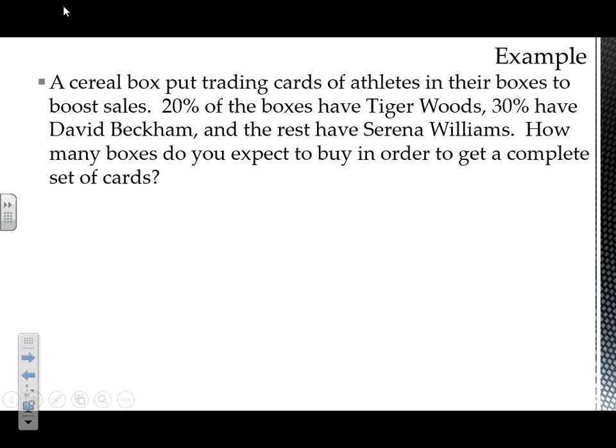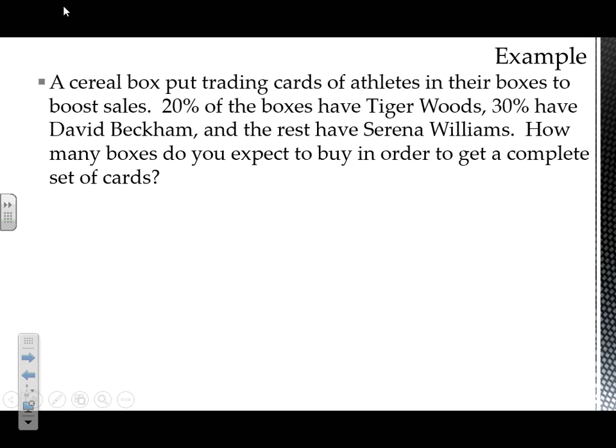Okay? So, since we know 20% of all the boxes have Tiger Woods, 30% have David Beckham, and the rest have Serena Williams, every time I open a box, I know I have a 20% chance that Tiger Woods is in there, or a 30% chance that David Beckham is in there, or a 50% chance that Serena Williams is in there. Everyone okay with that idea?